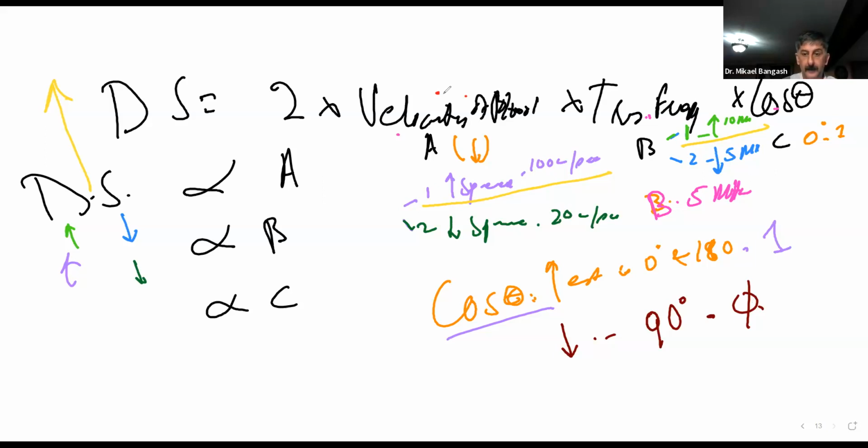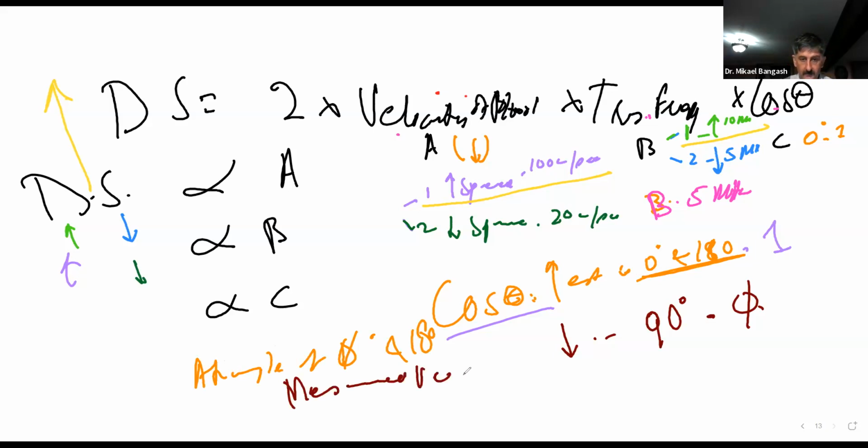Based on this, we can say that at an angle of 0 degrees and 180 degrees, the measured velocity is equal to the actual velocity.